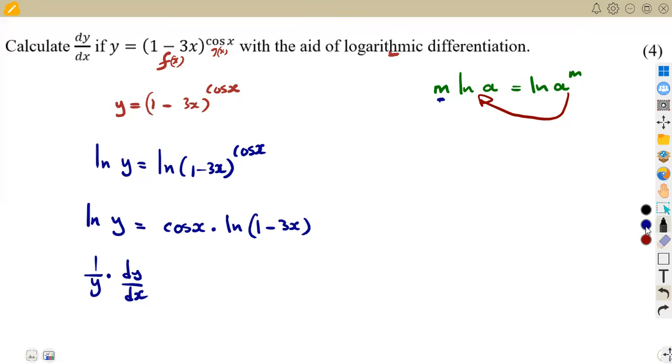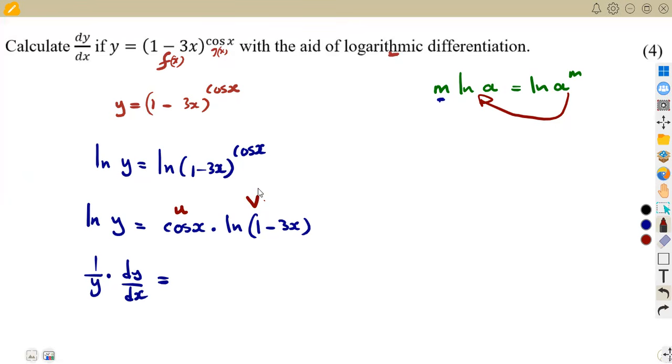But if we check on this side, that is our right side of our equation, we are having a product there. These two terms, they are multiplying each other. So meaning to say we are having our u, which is cosine of x, and we are having our v, which is the ln of (1 minus 3x).